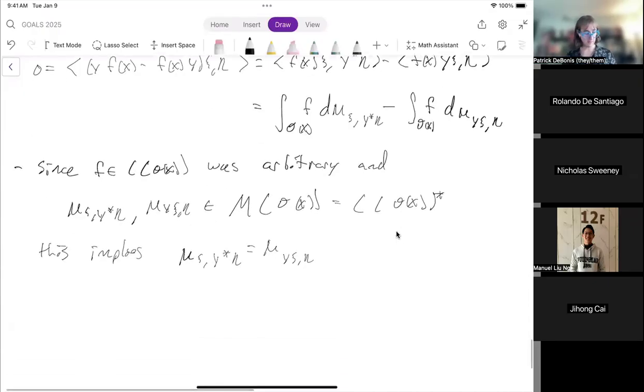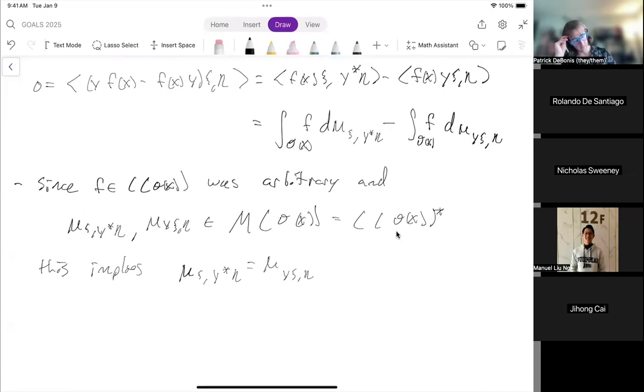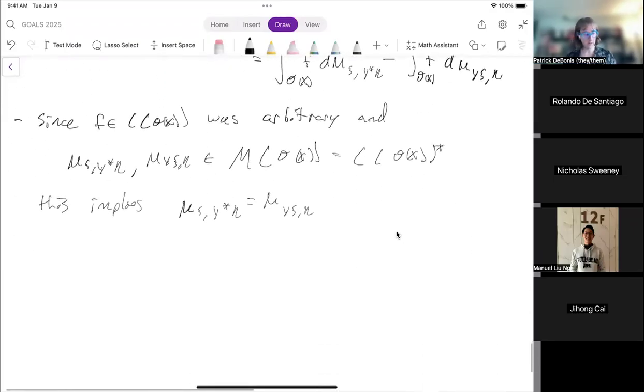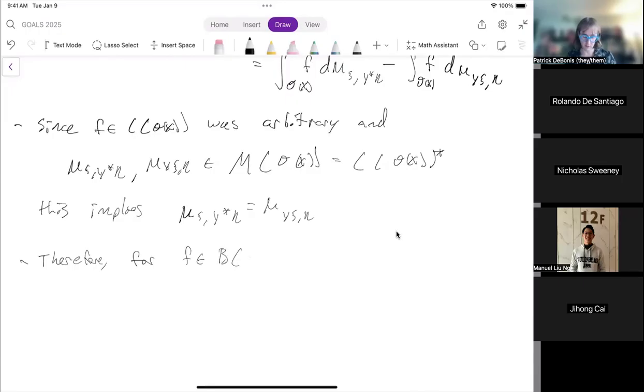And the point is that because you can integrate any Borel function against any of these measures, and by what we've shown above we have this contractive star homomorphism, to understand what happens in the inner product for a more general Borel function on the spectrum, now that we know these two measures are equal to each other, we can see whether these two operators commute for a more general Borel function.